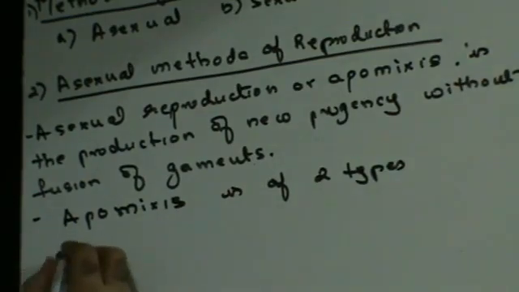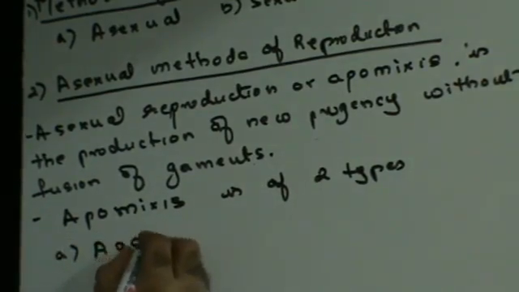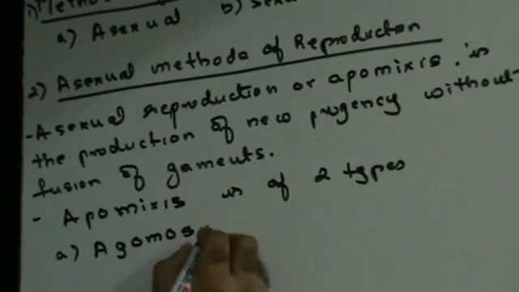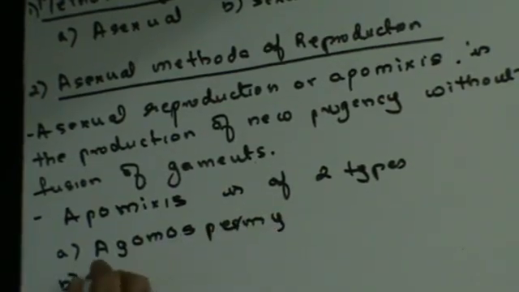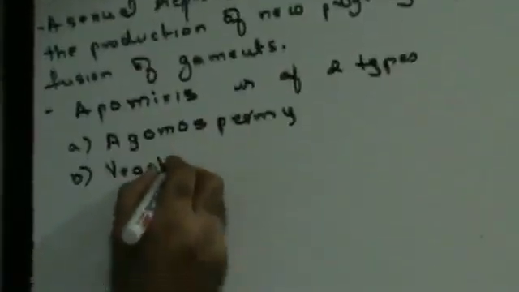One is called angiospermy and the other is called vegetative reproduction.